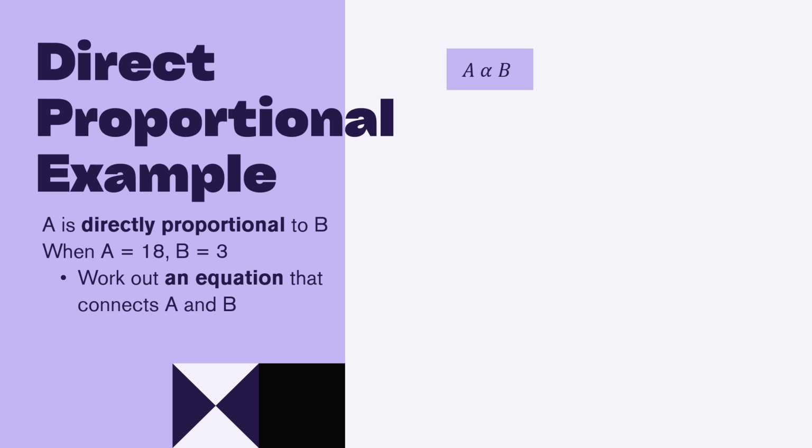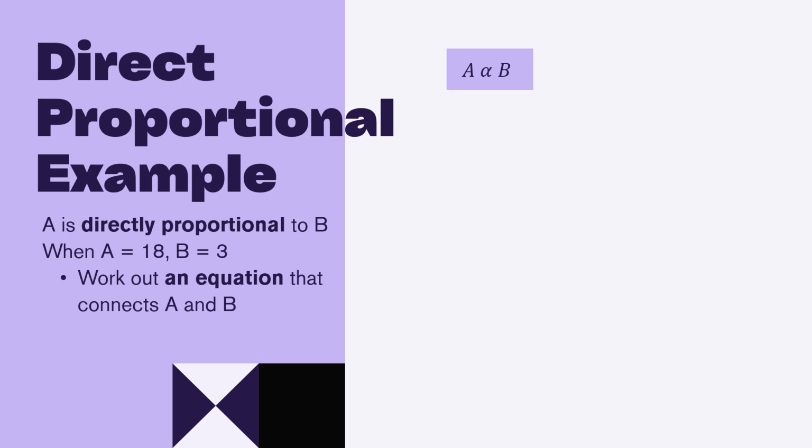we read the statement A is directly proportional to B. So we could write like this. We write this down mathematically using that symbol from before.